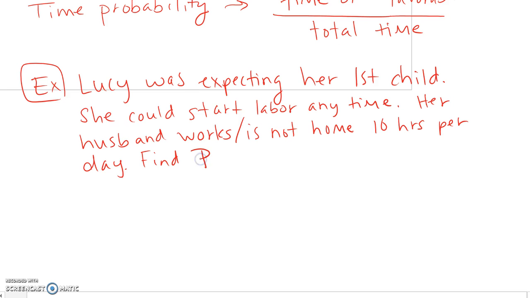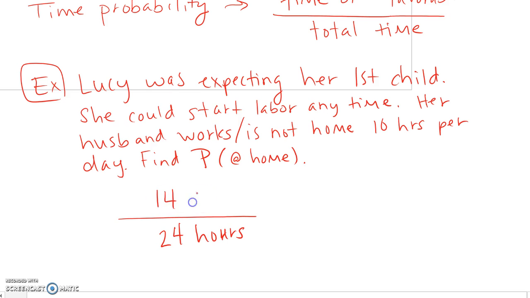Whenever you see a capital P, that's probability that he is at home when she goes into labor. Well, they're talking about days here, so we're talking out of 24 hours. He is home. If he's not home for 10 hours per day, he is home for 14 hours per day.